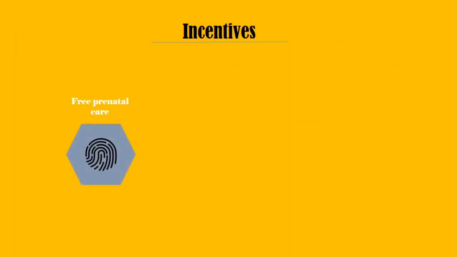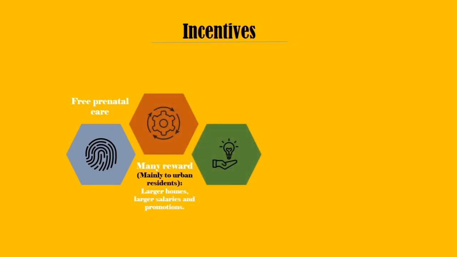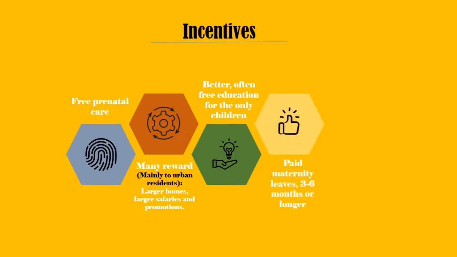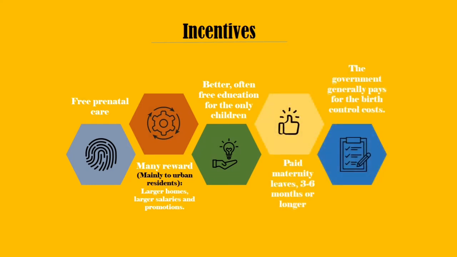So, these are the incentives under the one child policy. Couples, particularly parents or mothers, will receive free prenatal care. The family will also receive several rewards, particularly those in the urban areas, such as larger homes, larger salaries, and promotions.